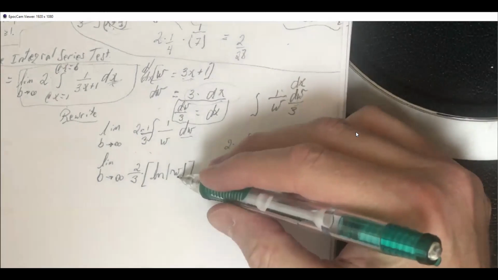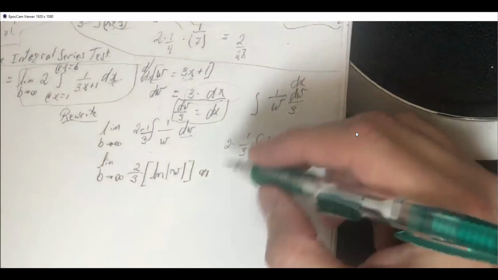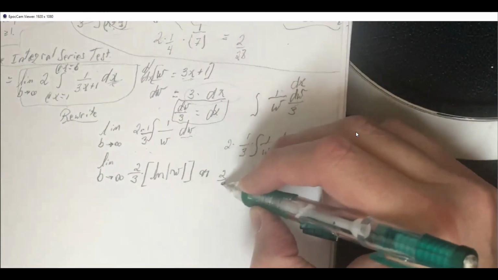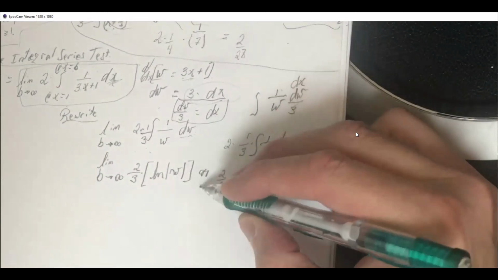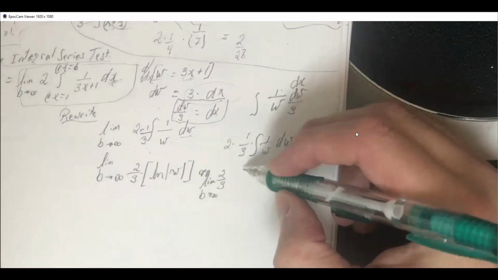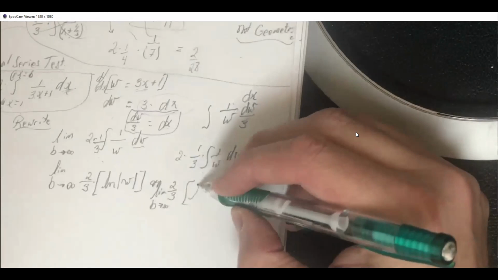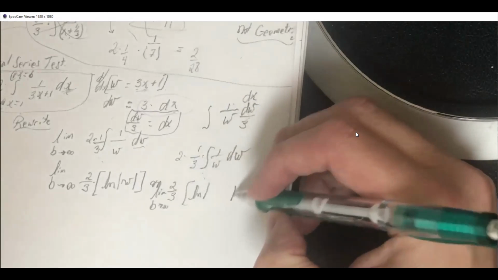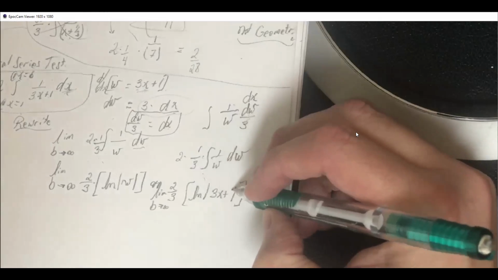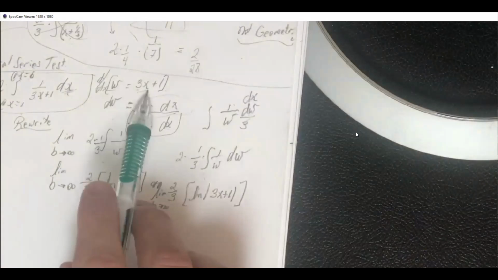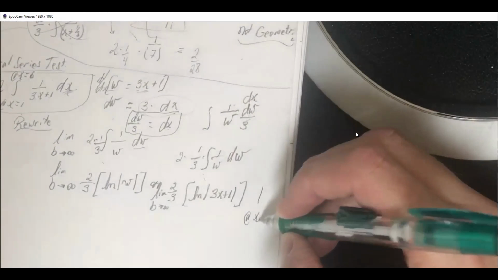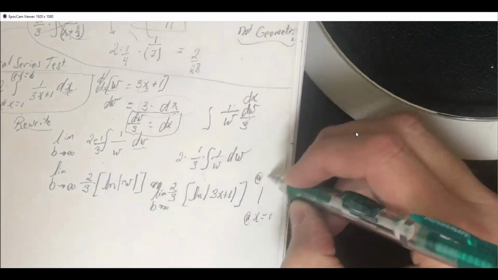This was a newly created variable so that we could integrate it with the formula sheet. And so now we have to go back to the original variable, which is the x. So we have ln absolute value of 3x plus 1 was our expression for the single letter, and then from x equals 1 to x equals b.